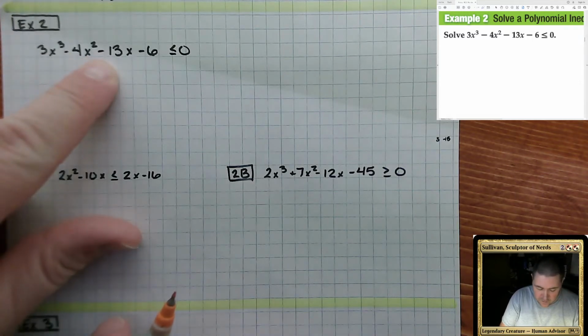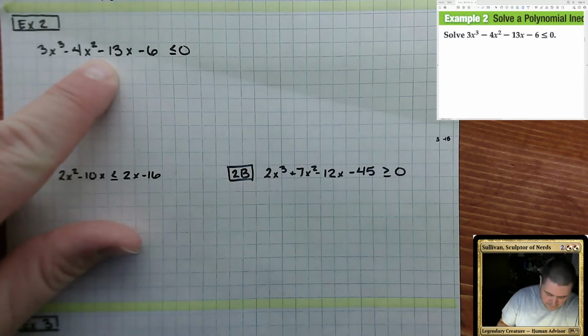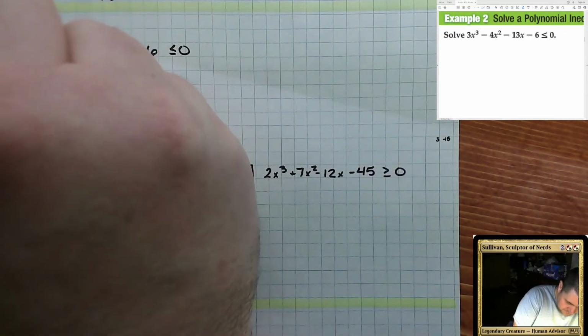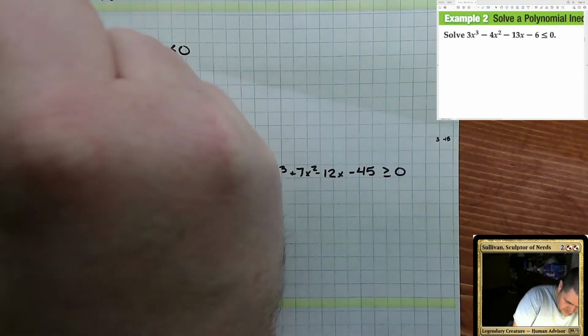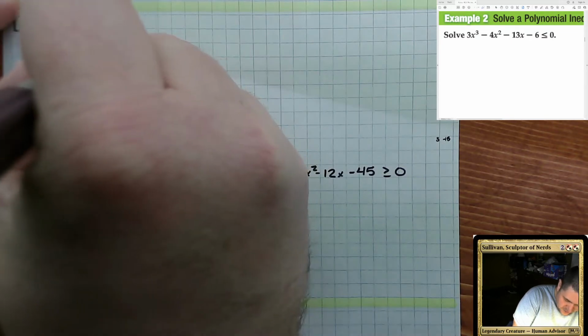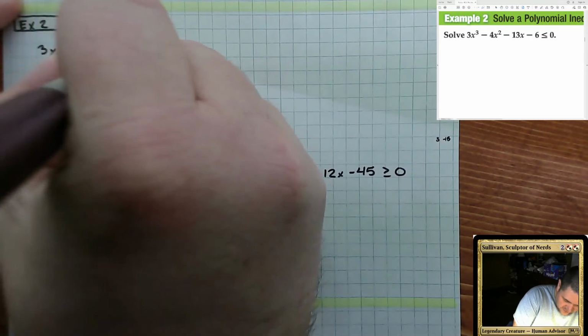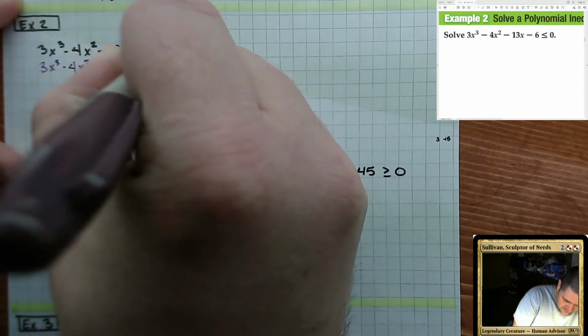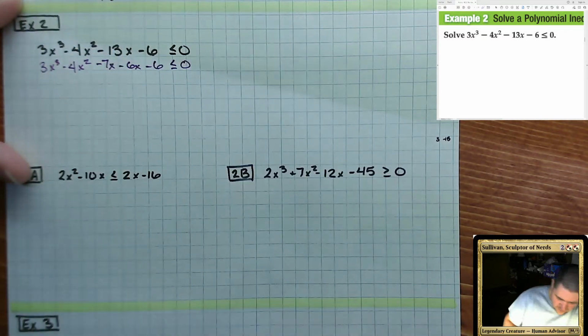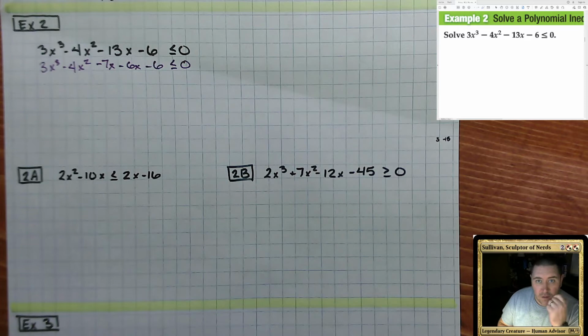I'm going to break this negative 13 into a negative 7x and a negative 6x. And again, that was just guessing and checking some numbers in my head. I don't really have a better way to explain it.